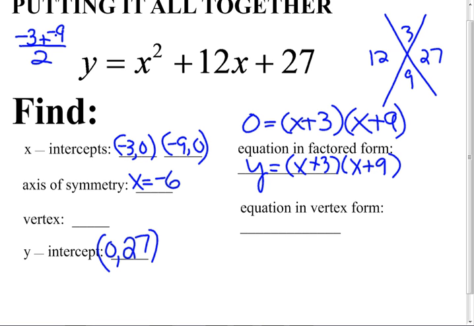Okay, now do you remember how to get the vertex? We have the x-coordinate. We know what the x is. It's negative 6, right? How do you find the y-coordinate? You can either put the negative 6 in here, which is harder to do, because then you have to square it, and then you mess up with the signs. Or you can put the negative 6 in here, because they're the same thing. This is easier. Have you noticed the pattern here? What's negative 6 plus 3?